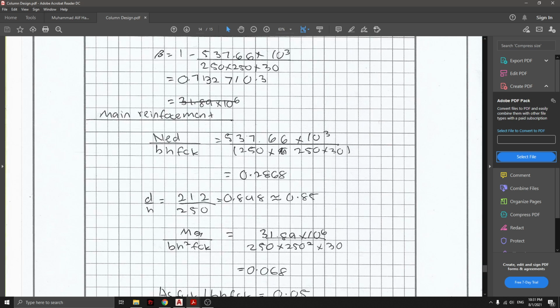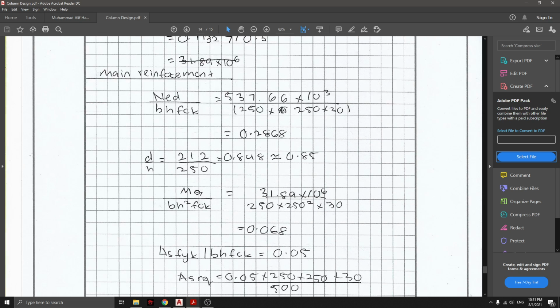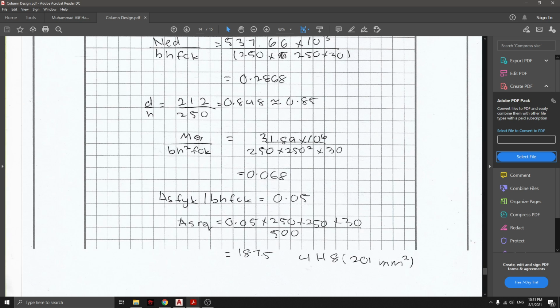Then main reinforcement. NED over BH FCK, we got 0.2868. D over H, we got 0.85. M over BH square FCK, we got 0.068. AS FYK over BH FCK.